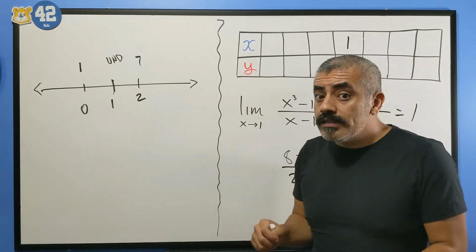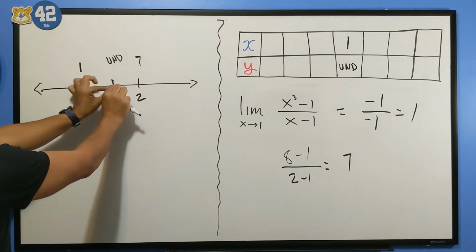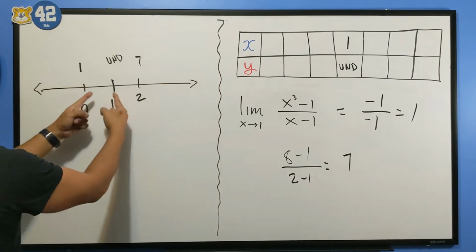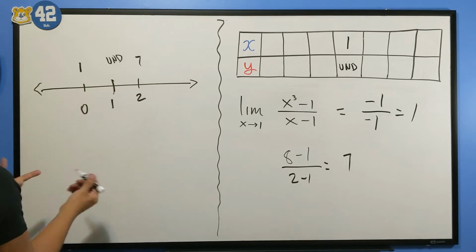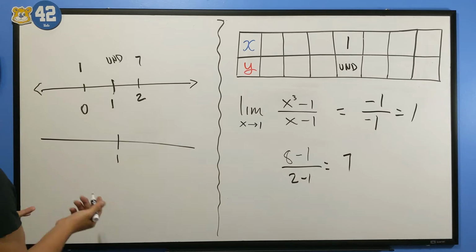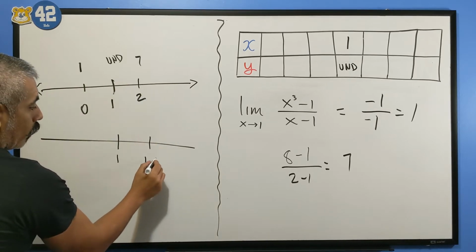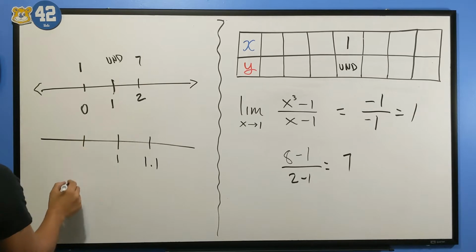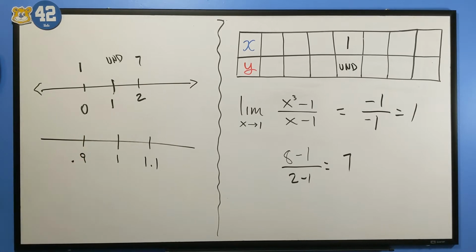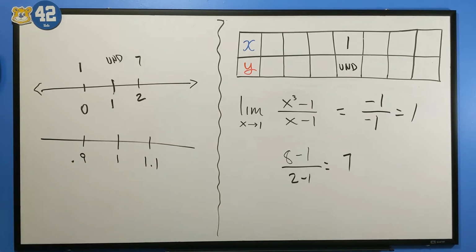But we can always zoom in on this number line. We can always take this number line here and just stretch it out and see what's happening closer to 1. And if we do that, we end up still with a value of 1 in the middle. But if we get really close, you're going to notice that this might be 1.1, and this over here might be 0.9. And as we do that, we keep getting closer and closer and closer.